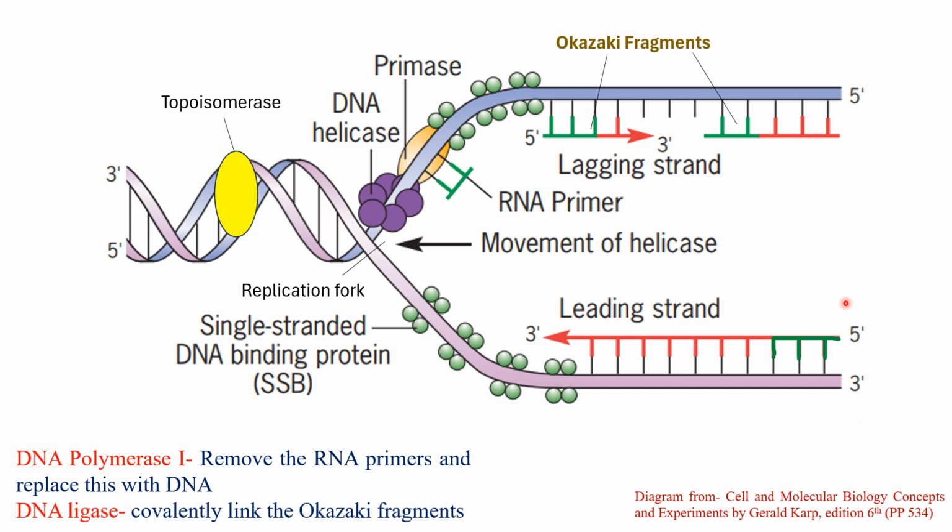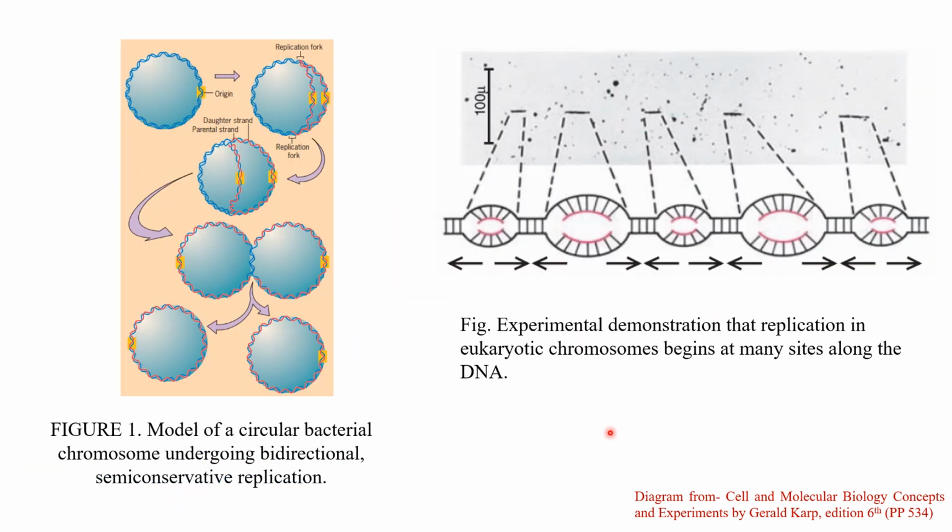After that, DNA polymerase 1 comes and removes the primer and replaces the primer with DNA nucleotides. And the last enzyme, DNA ligase, joins the Okazaki fragments together to form a continuous strand. Last is the termination process, that is to stop the progress of replication.